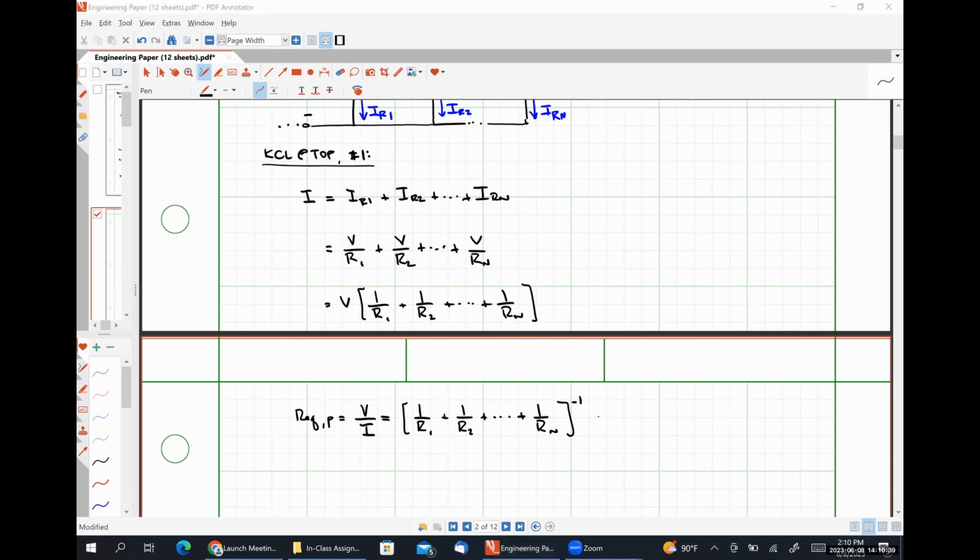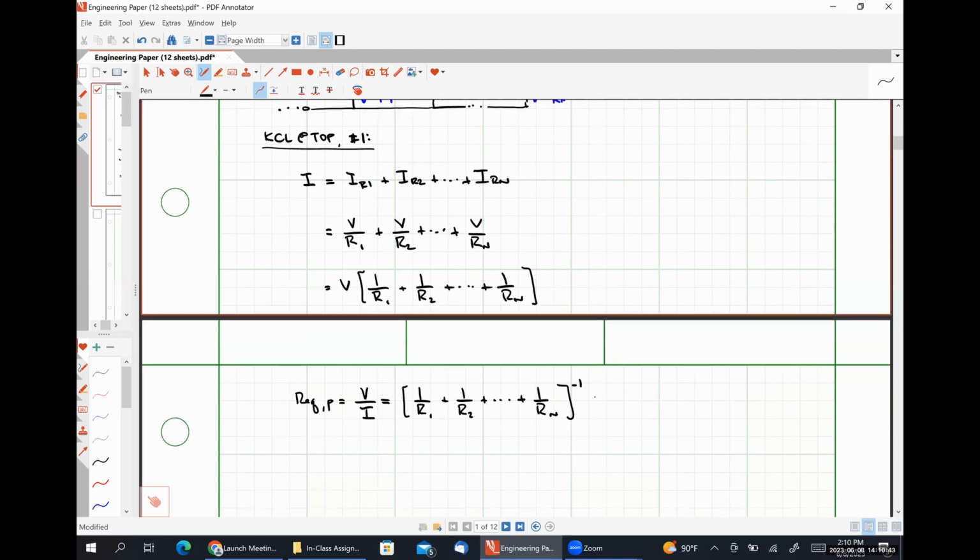So in a summation notation expression, that's going to look like 1 over the sum from I equal to 1 to N of 1 over R sub I.